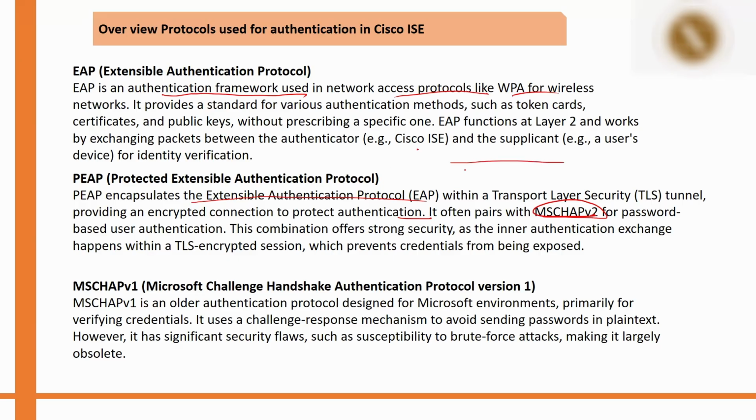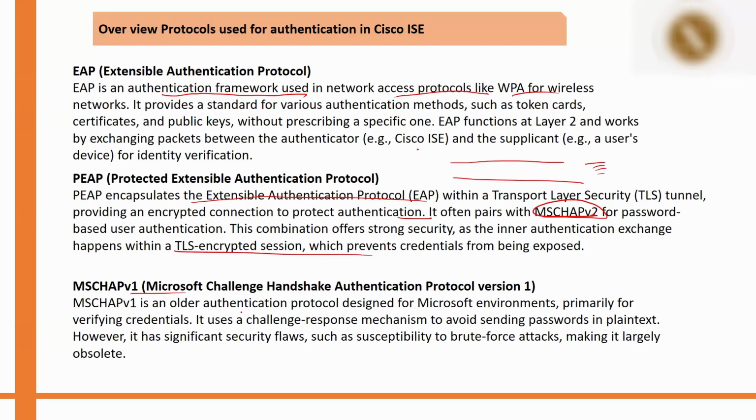PEAP is going to build a TLS tunnel, and it often pairs with MSCHAP v2 for password-based user authentication. So for the authentication mechanism, MSCHAP v2 is going to be used. This combination offers strong security, as the inner authentication exchange happens within the TLS encrypted session.